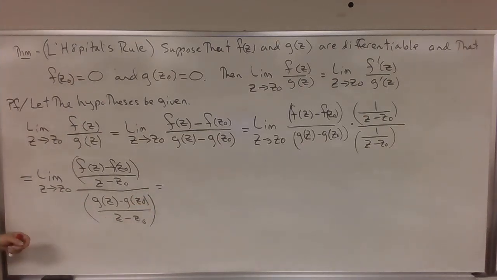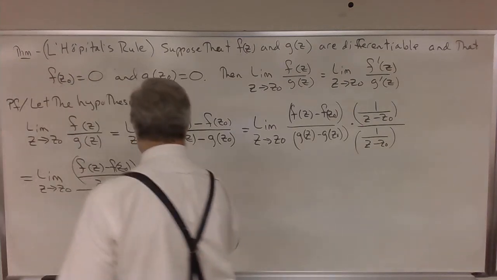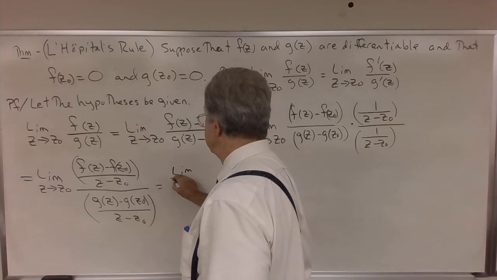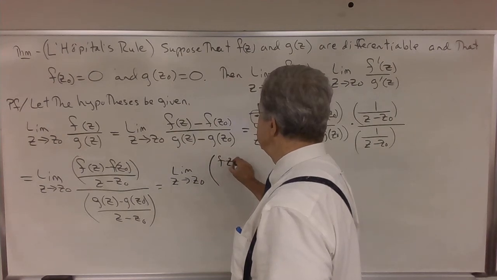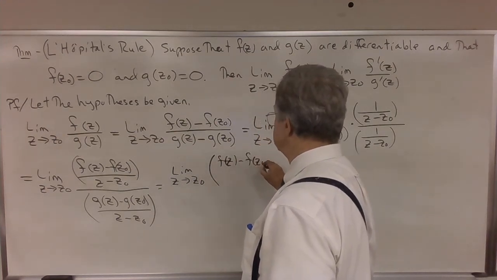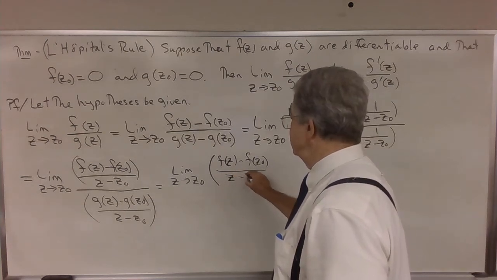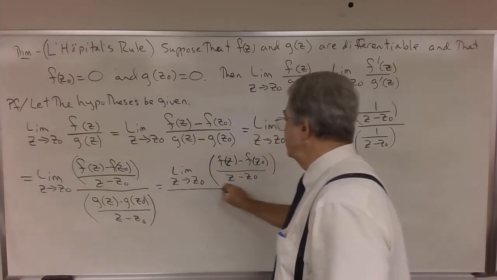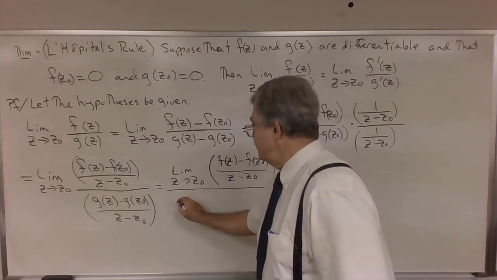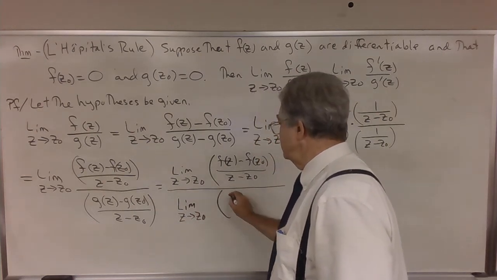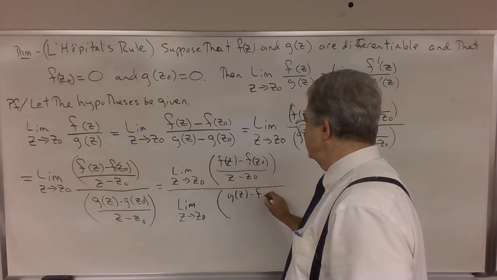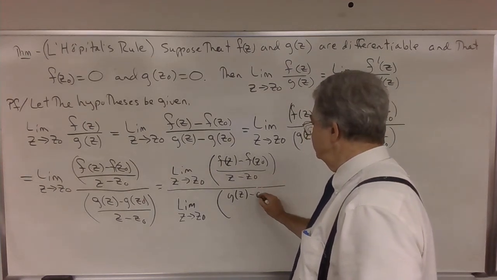And I have the limit of a quotient. And that's the same as the quotient of the limits. So I can write the limit as z goes to z naught of f of z minus f of z naught over z minus z naught, and all of that over the limit as z goes to z naught of g of z minus g of z naught over z minus z naught.